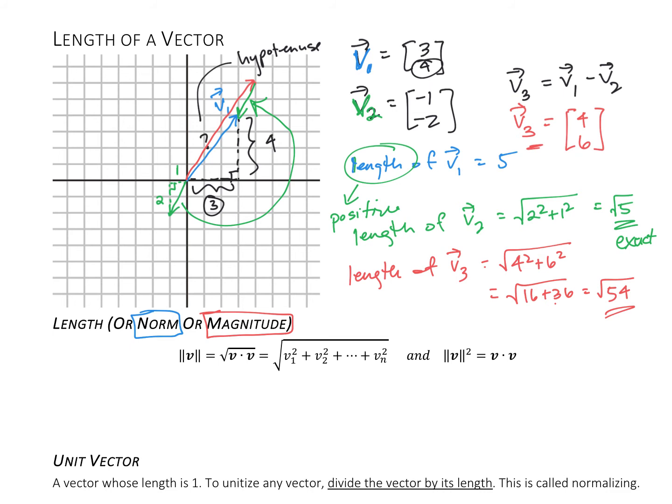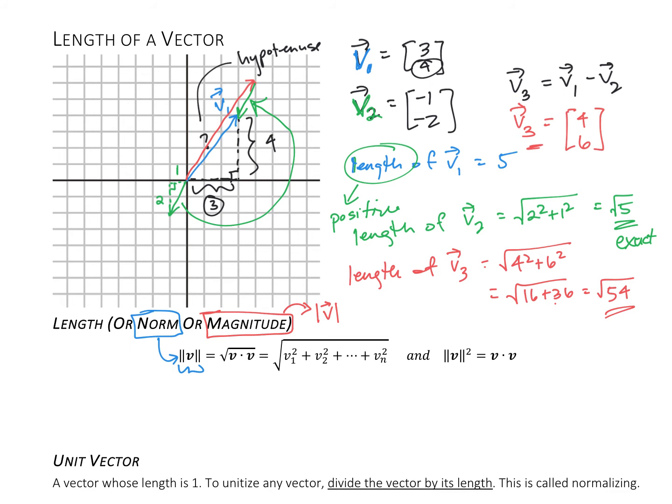Often when we talk about the norm, we use these symbols, which look like a double absolute value sign, but it's not the absolute value. For magnitude, we'll often use a single absolute value sign, and it means the same thing. Different branches of mathematics adapt different symbols in different ways.